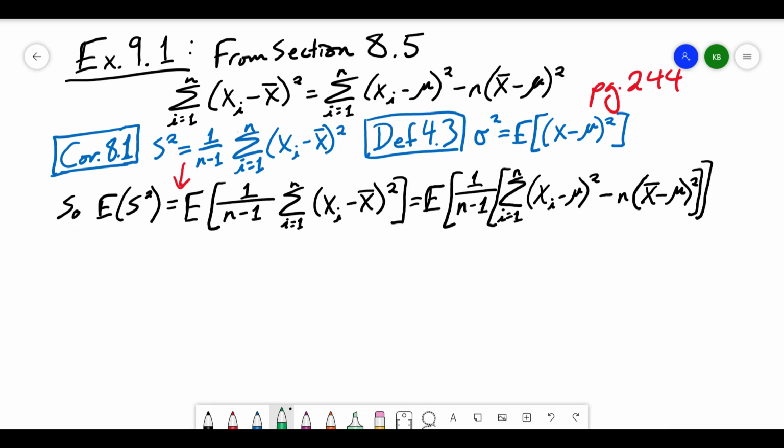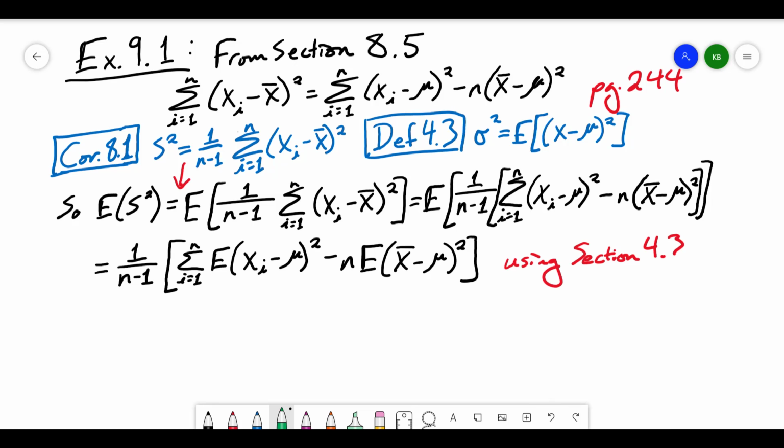Now, going back even further before chapter 8 stuff, using section 4.3 where we looked at stuff about expected values, 1 over n minus 1 is a constant. So the expected value of a constant times something is the same as that constant times the expected value. And we saw in section 4.3 also that if we had a sum of things that we were taking the expected value of, it was the same as taking the expected value of each of those terms in the sum and adding them together.